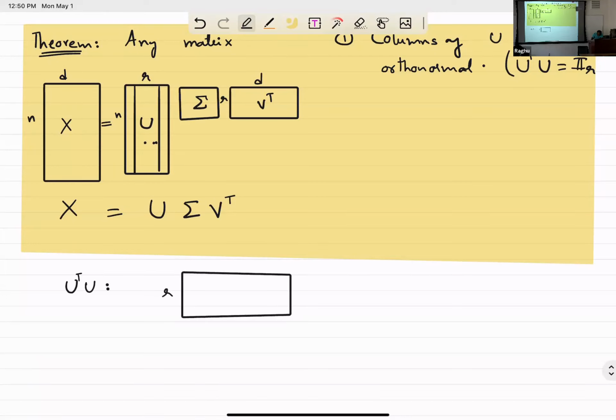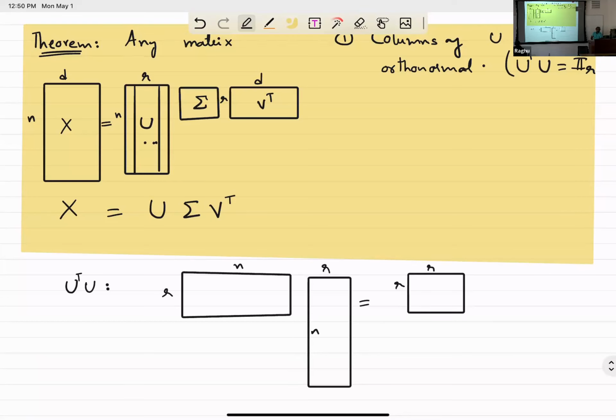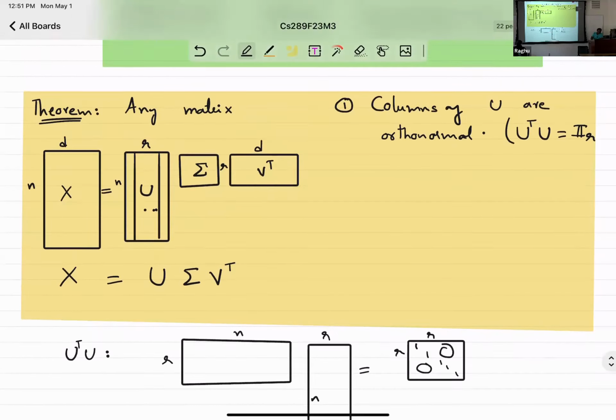I have R by N and N by R. I should get an R by R matrix. And it's orthonormal, meaning all of the cross products, the inner products, would be 0, right? So we just get 1, 1, 1, 0, 0. Okay.